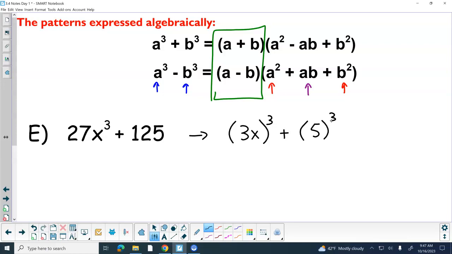So my first set of parentheses is just going to be 3x plus 5. See it? Whatever I'm cubing, whatever the operation is, whatever I'm cubing. My second set of parentheses, I'm going to square that term. 3x times 3x, 9x squared.